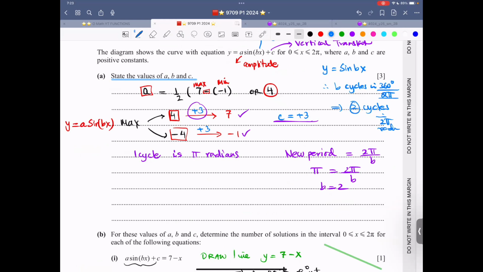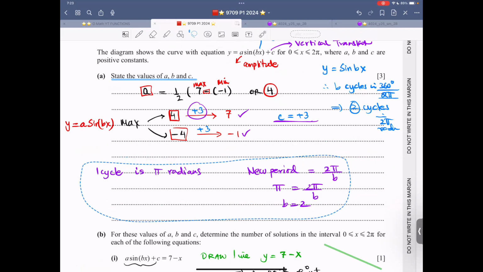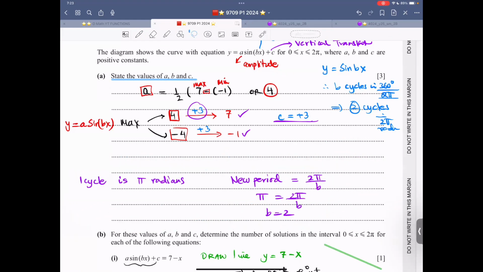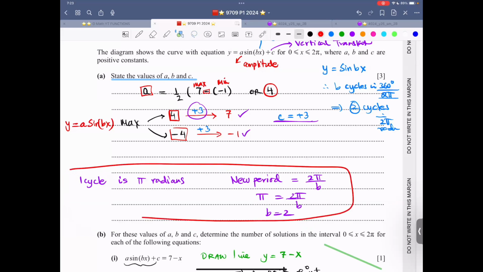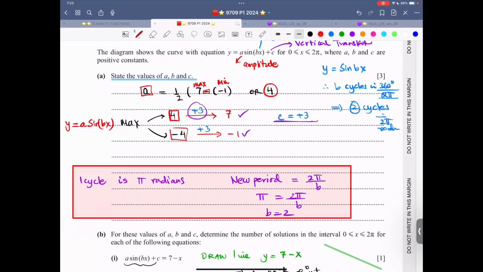That's one way. Another way is over here. Let me draw a box around it. This is the alternative method. I see one cycle, the period is pi radians.